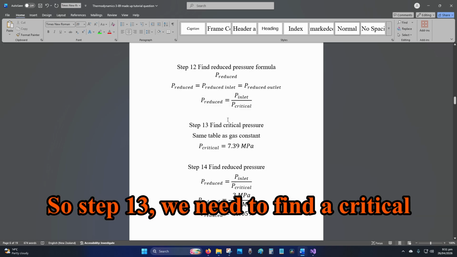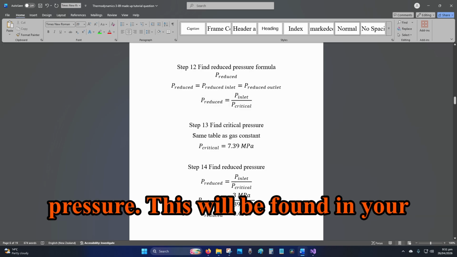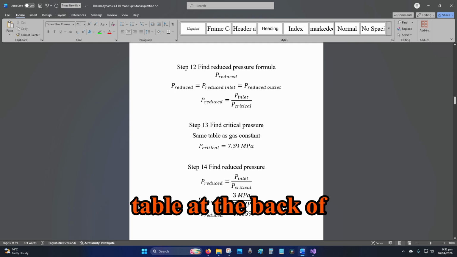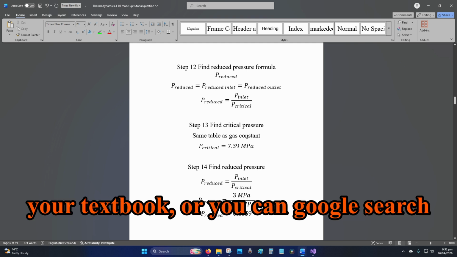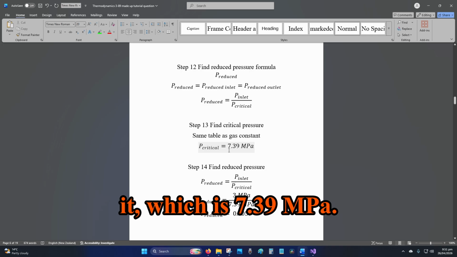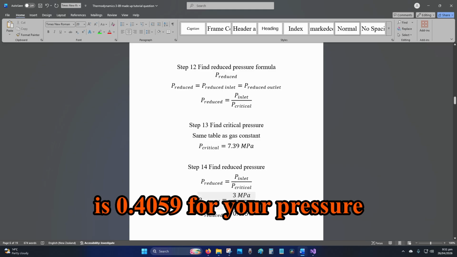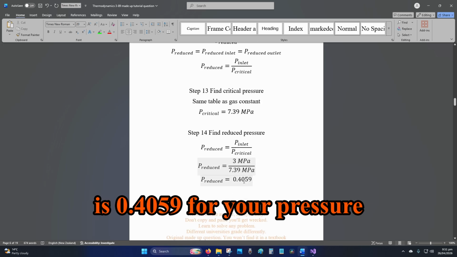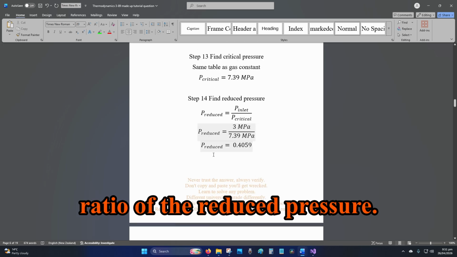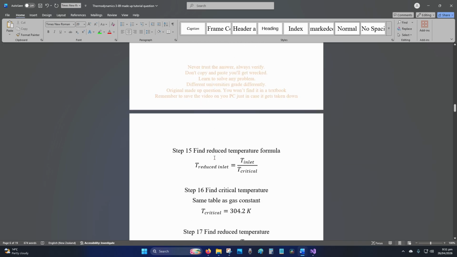So step 13, we need to find the critical pressure. This will be found in your table at the back of your textbook, or you can Google search it, which is 7.39 MPa. Step 14, find the reduced pressure. So it is 0.4059 for your pressure ratio of the reduced pressure.